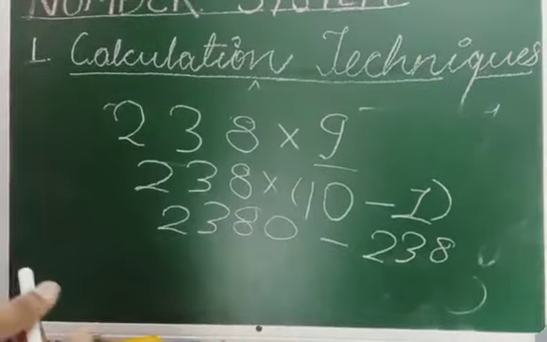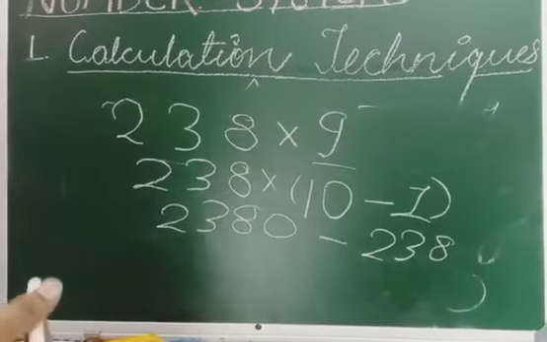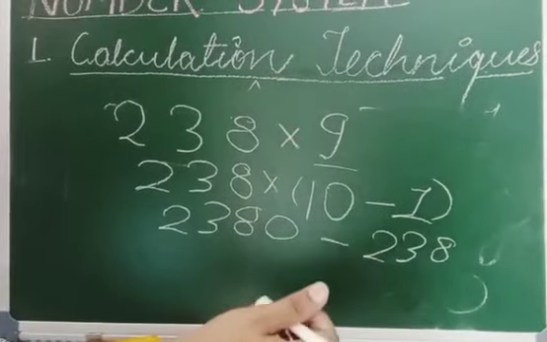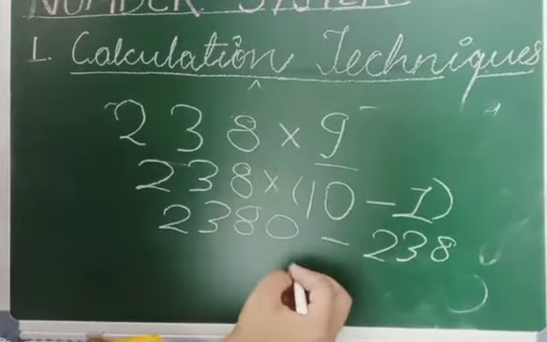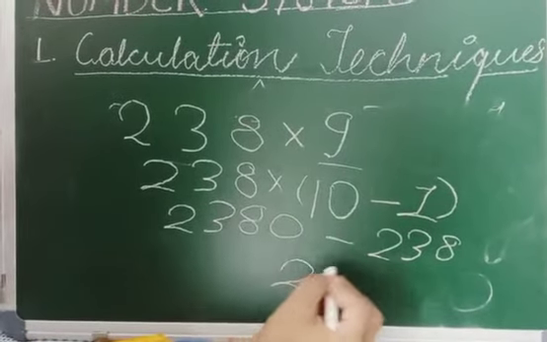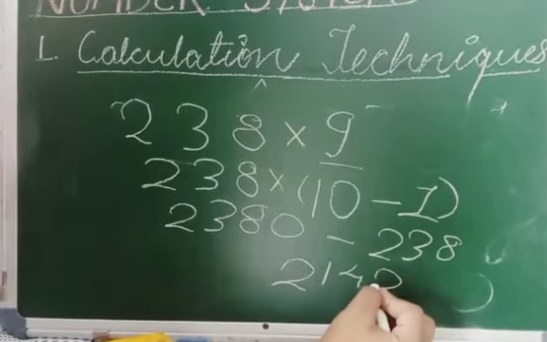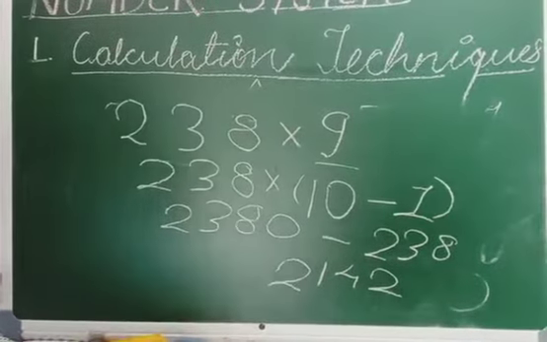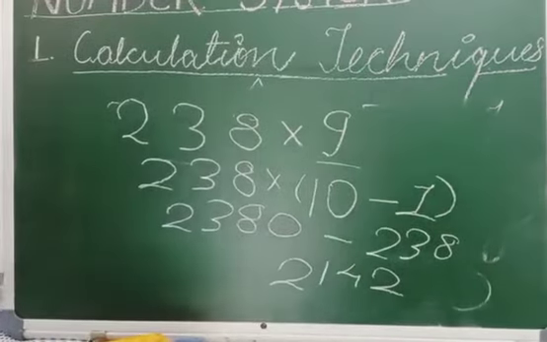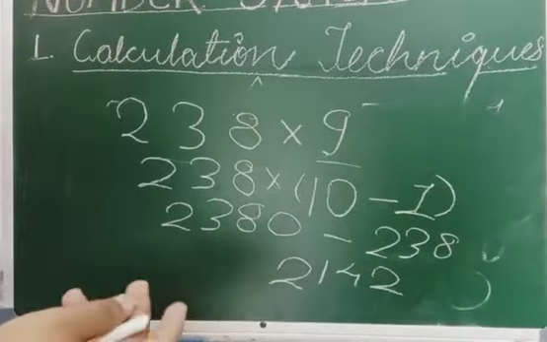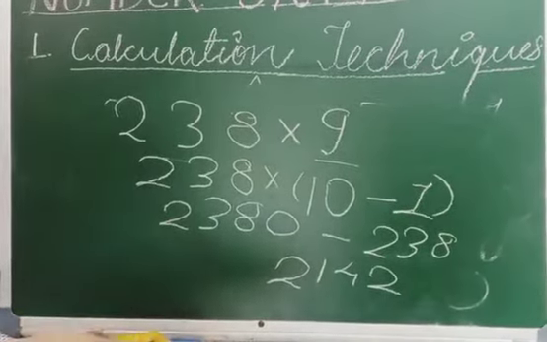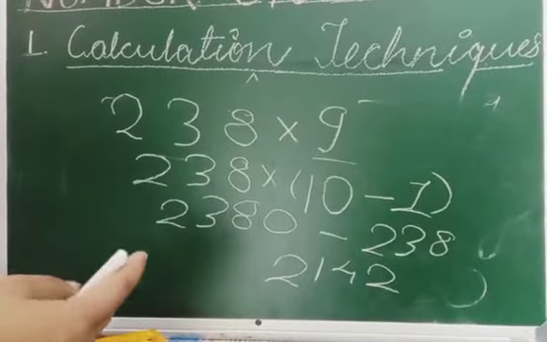So when we subtract this number, we will get the answer 2142. So this is the basic trick to solve this question.